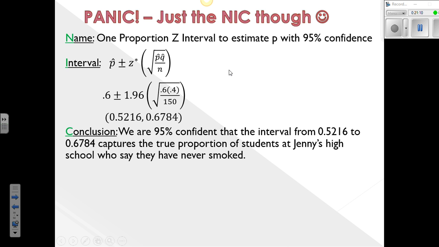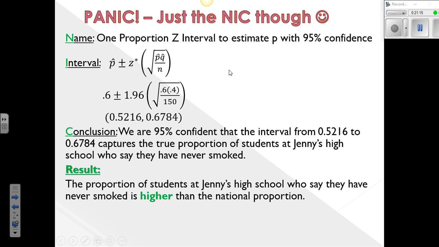And when we're comparing that to the national average, what do we know about that? It's higher. It's higher than the national average. So for Jenny's High School specifically, we believe her school's average is higher than the national proportion. I should not use the word average.